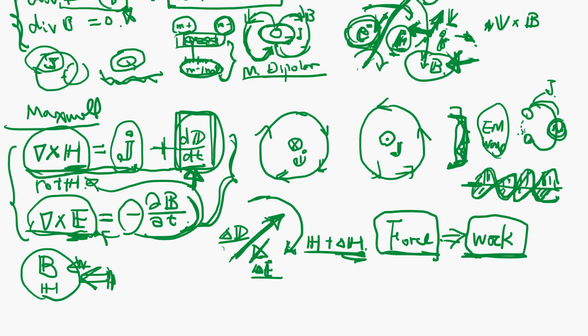Where it comes from, we need to know at more fundamental levels. But as far as Maxwell's equations are concerned, electromagnetic theory is a complete closed theory based on Coulomb's law.